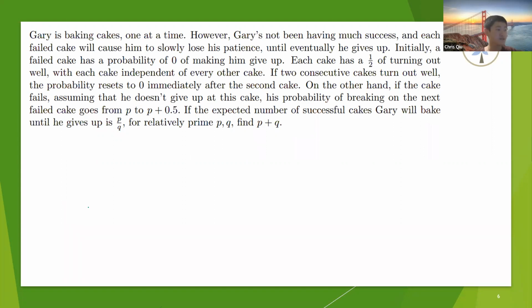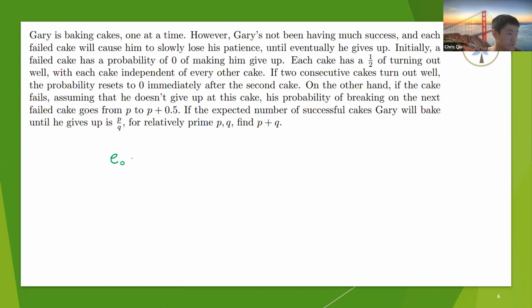All right, so we're going to use a method called states. And what we're basically going to do is, let's say the expected number of successful cakes Gary will bake until he gives up, given that his current probability is 0, he's just starting off.